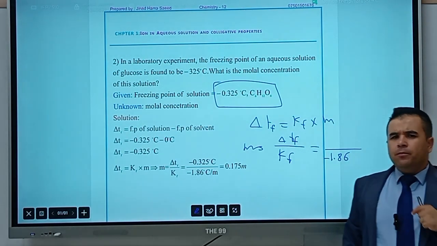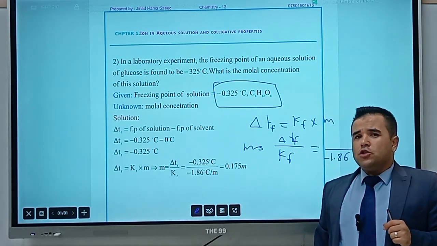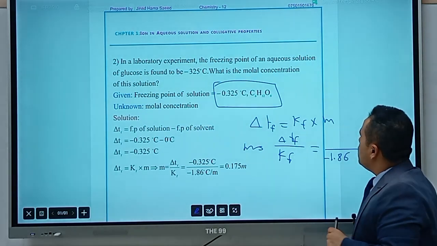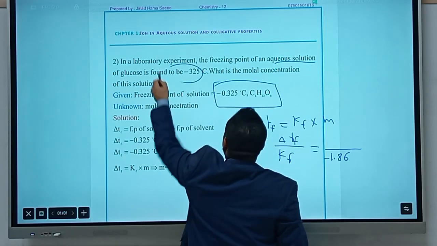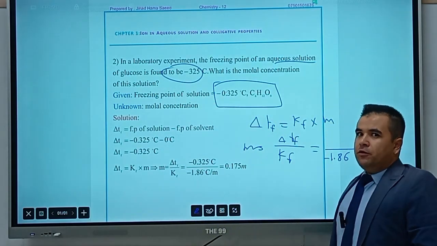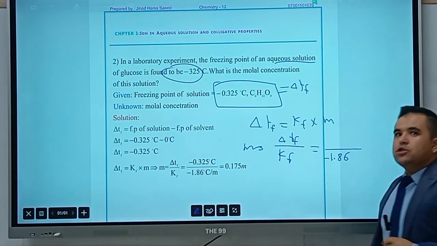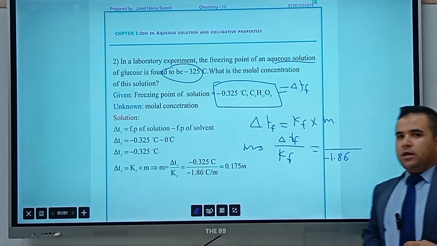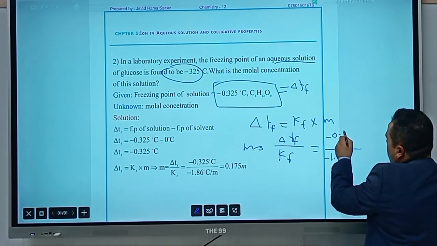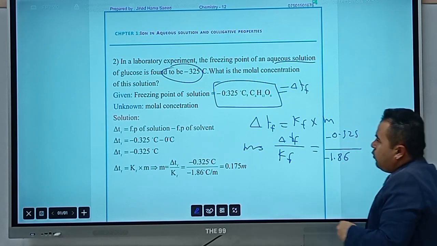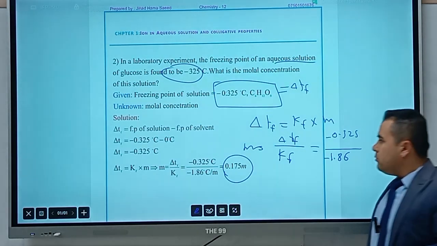If you remember, I told you whenever the solvent is water, the freezing point depression is equal to the freezing point of the solution. So here the freezing point of the aqueous solution is given, minus 0.325, and we can say directly this equals delta TF, because the solvent is water, which has a freezing point of 0. Dividing these two numbers gives 0.175 molal.